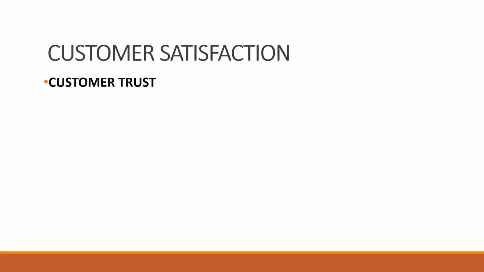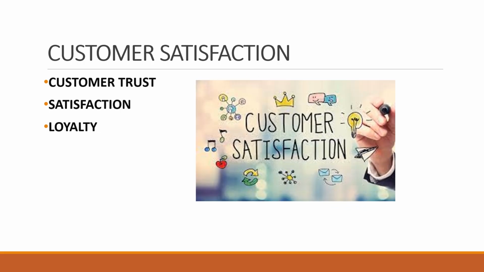All these things are important, which builds the trust. And when the trust is there, then satisfaction will automatically come. Loyalty comes from there. So all these areas are very, very important when you are talking about how to achieve customer satisfaction.